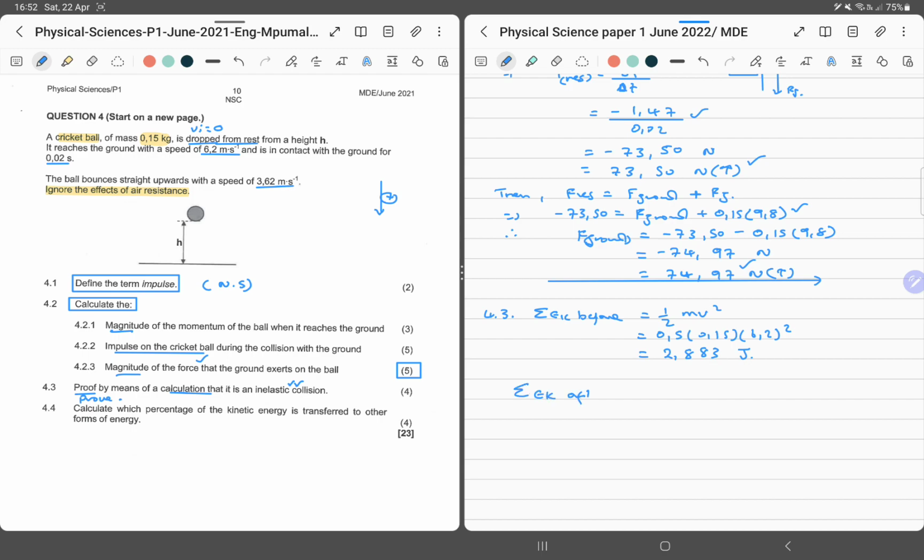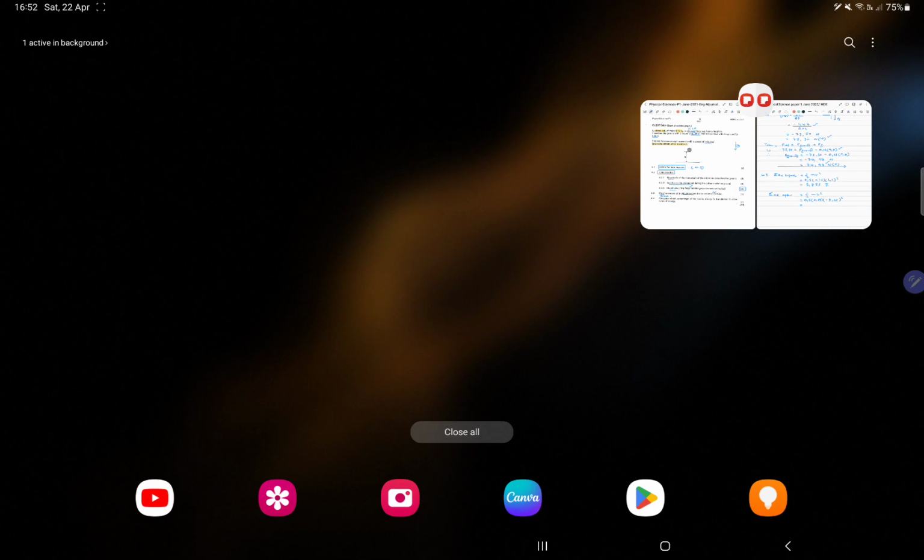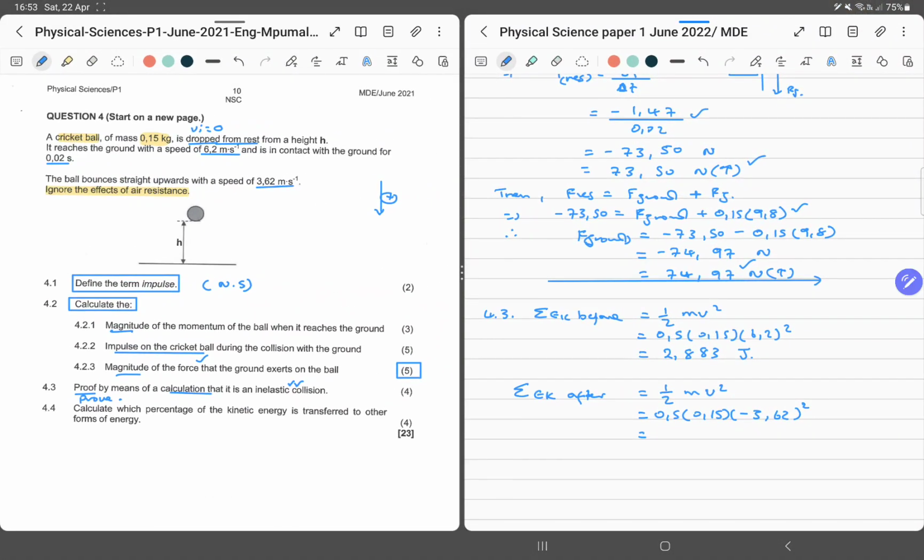Okay, and then the sum of EK after collision, again, is the same object. So this is 0,5 into 0,15 into minus 3,62 squared. Things keep getting touched and I have no control of it. So minus 3,62 squared, I'm getting 0.983 joules.